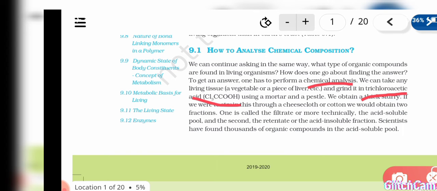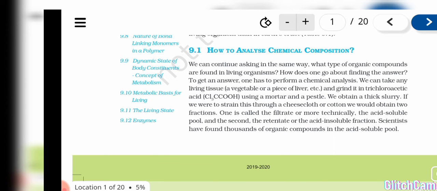In the mortar and pestle we add the tissues, then add trichloroacetic acid, and grind it. You will get a slurry, and if you filter this slurry through a cheesecloth or cotton, you will find two fractions.